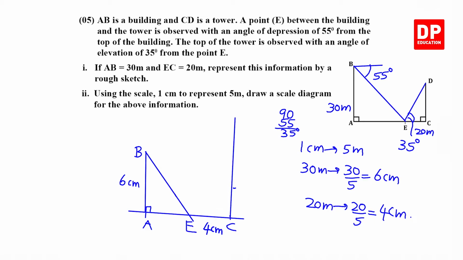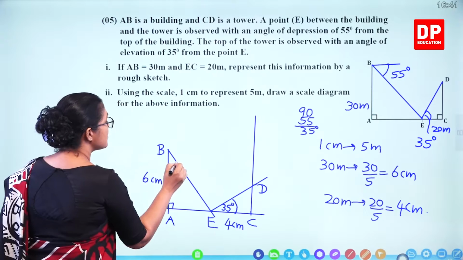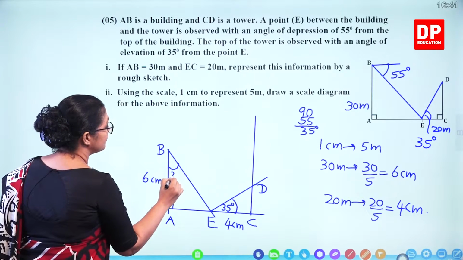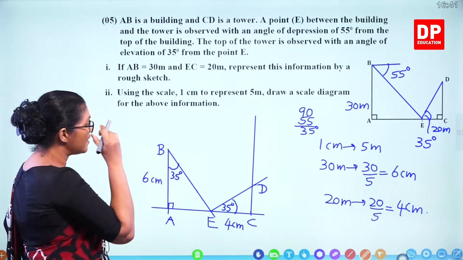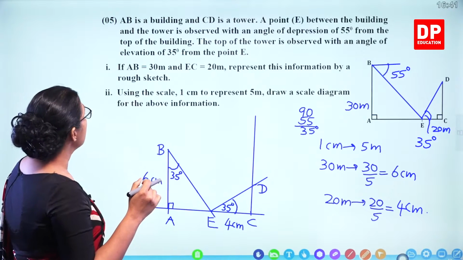Now you don't need the protractor. So here to here, 35. So that's D. So we mark this is 35.